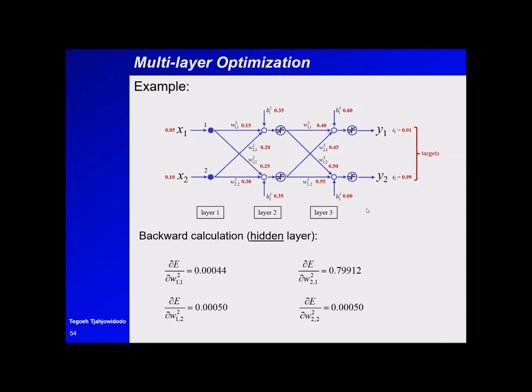If it still doesn't agree, you have to iterate it again many times, until you converge to the target. So what I just shared with you in the last few slides is just an illustration to update in one iteration. You have to do it many times until the output converges to the target.